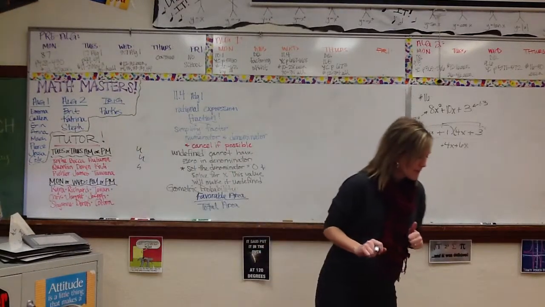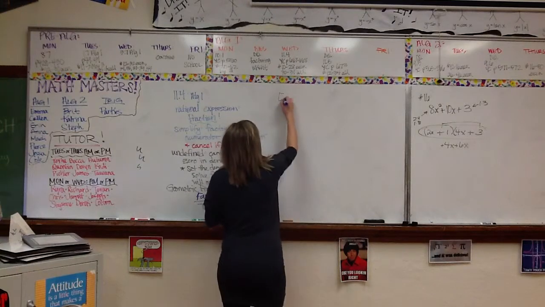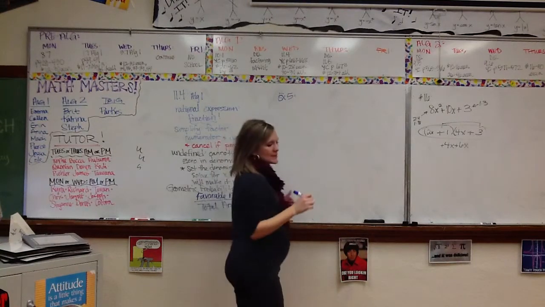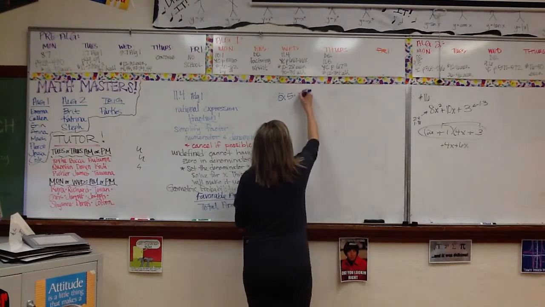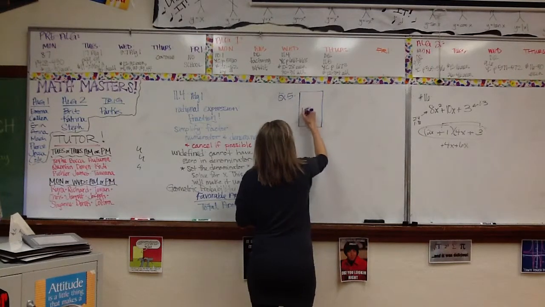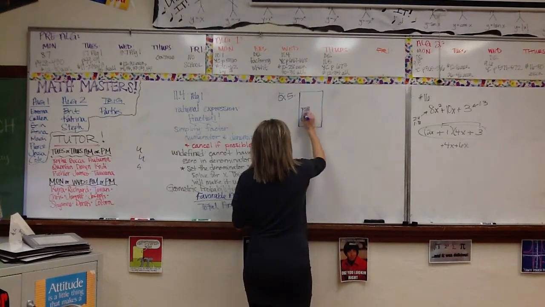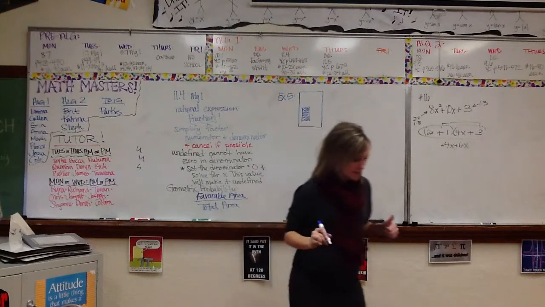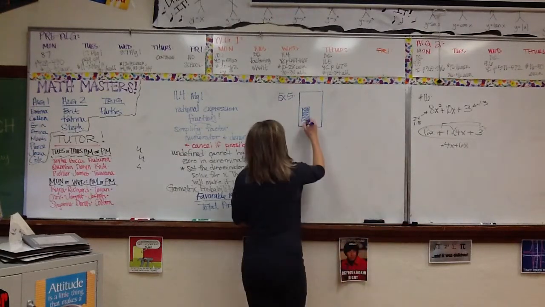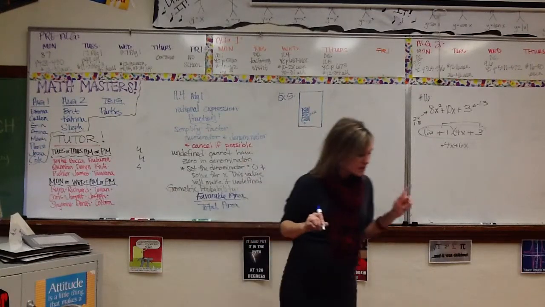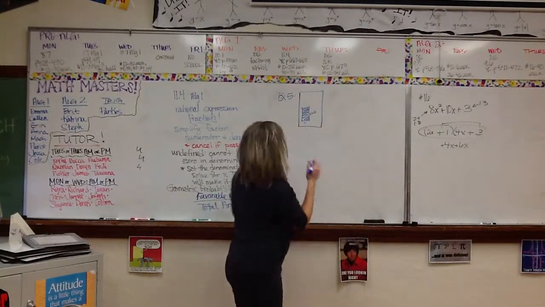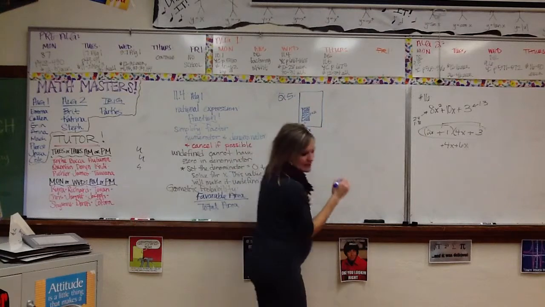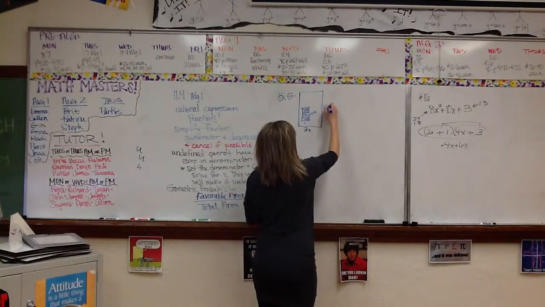Let's take a look at example 5. I'm going to draw this picture up so we're all looking at the same thing. We've got this figure in the middle that has dimensions of x and x plus 2, and then we have the big figure that's 3x by 4x minus 4.